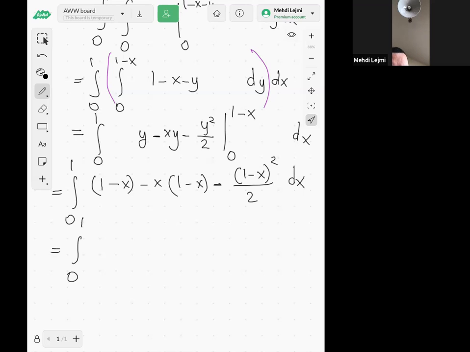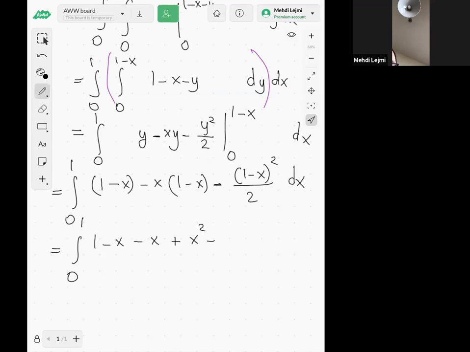Let me just distribute first. I can easily make mistakes, so I'm going to go easy here. So 1 minus x plus x squared... then minus 1 minus x squared, you distribute.